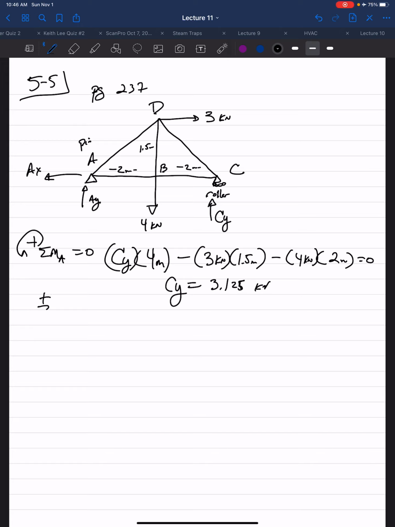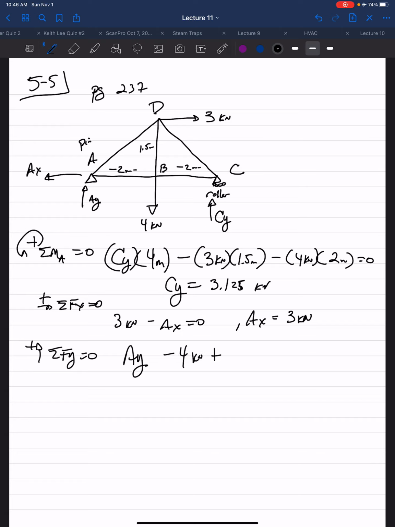So now I do the sum of my forces in the x direction. You have 3 kilonewtons minus AX equals 0. AX equals 3 kilonewtons. I do the sum of my forces in the y direction. You have AY minus your 4 kilonewtons plus your 3.125 CY force.